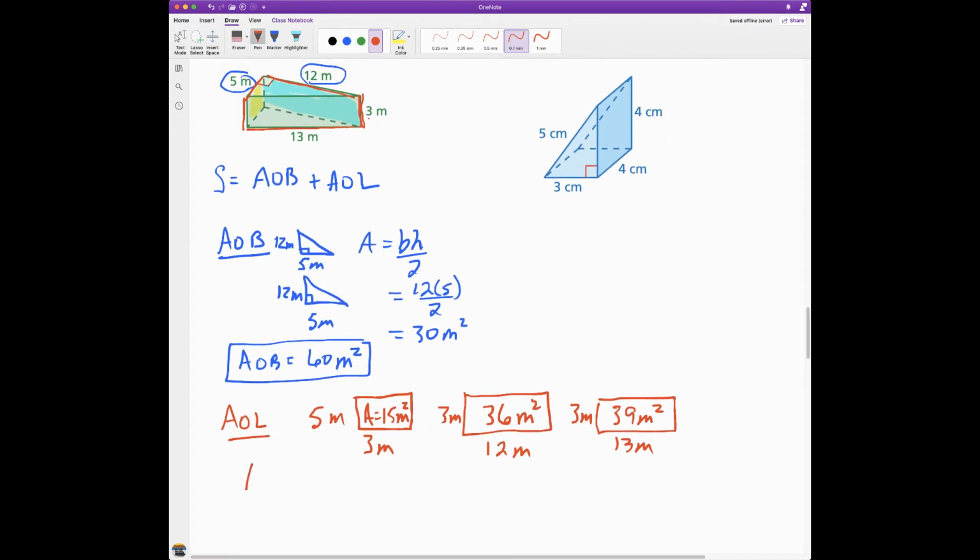So my area of my lateral faces is equal to 15 meters squared plus 36 meters squared plus 39 meters squared. And what do you get when you add all that together?